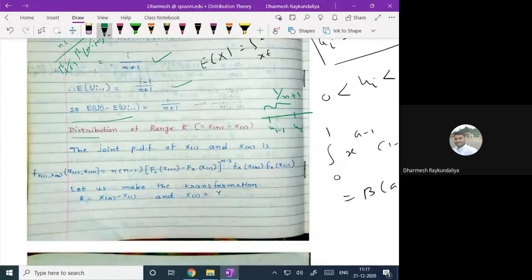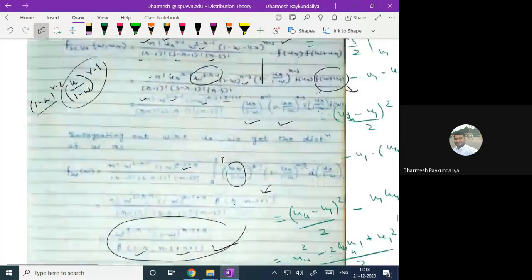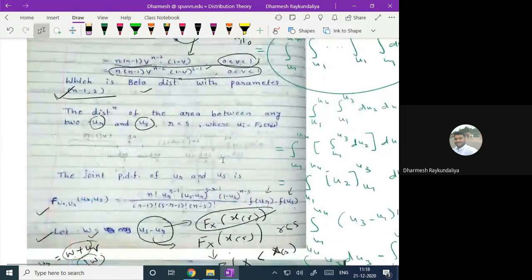Now I wish to find out the distribution of range. Range is nothing but the difference between the largest order statistic and the smallest order statistic. xn is the largest and x1 is the smallest. So we know the joint density of the smallest order statistic and the largest order statistic, the joint density of u1 and un that we obtained here.